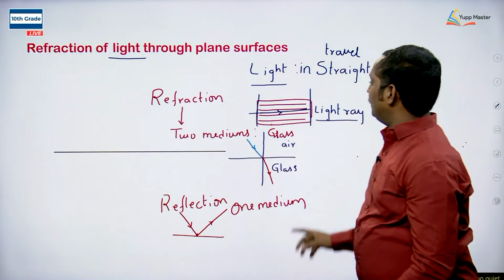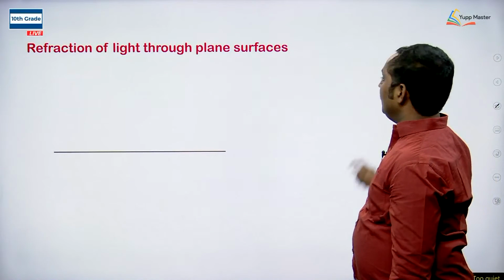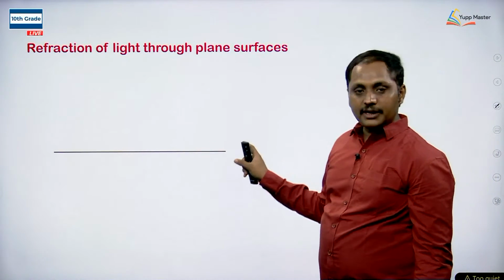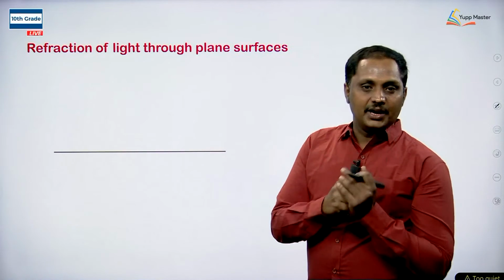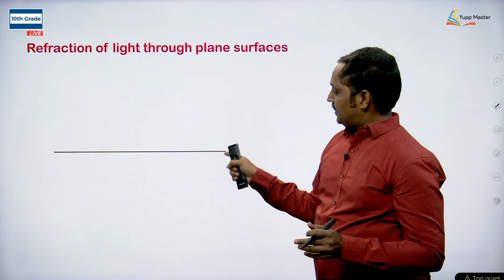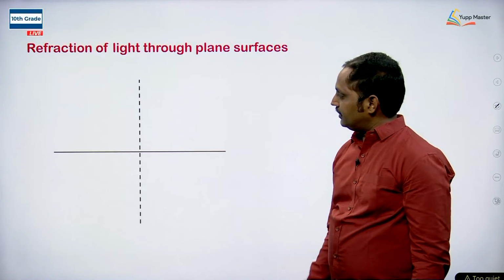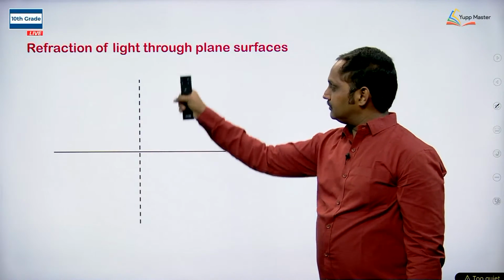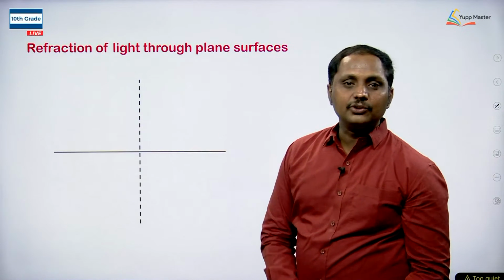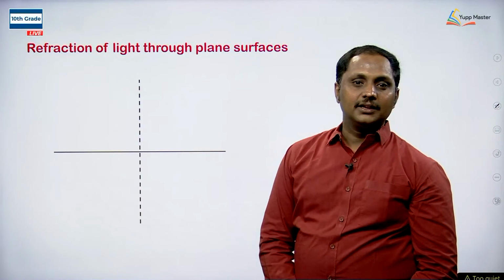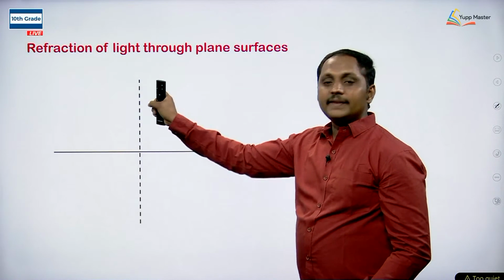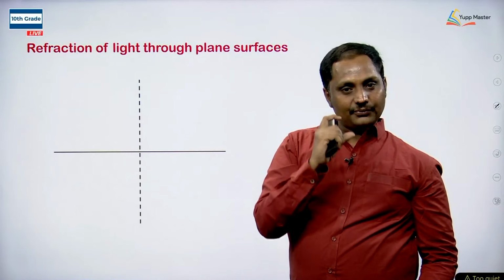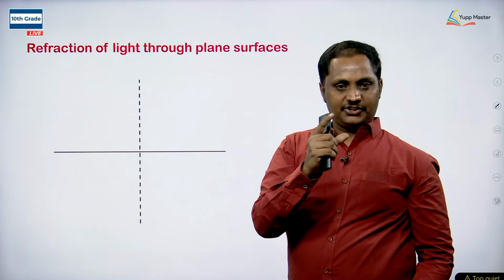Please have a look at this line, which separates the two media. Let us take a plane surface. What is the use of this normal? It is used to measure the angle of incidence, the angle of refraction, and the angle of reflection also.